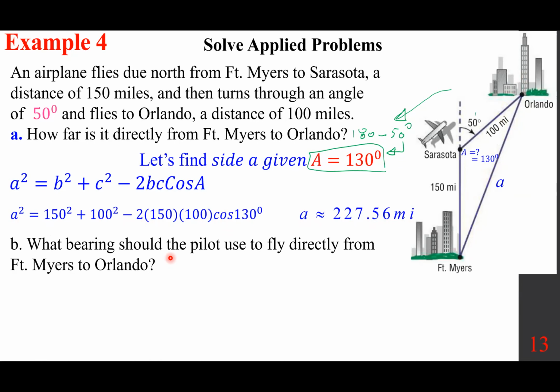What bearing should the pilot use to fly directly from Fort Myers to Orlando? So what bearing? Well, this is angle B, which we don't have yet. So the bearing would be north, B degrees, whatever we find here, going east.